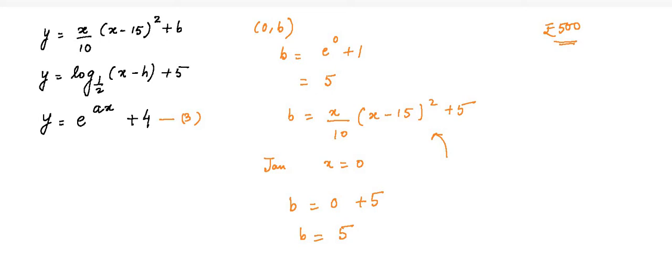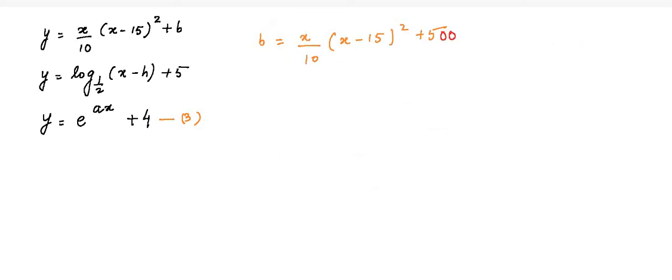So let's see this part of the question. We have to calculate that particular value of X at which we will be getting the stock price of January. So basically we have to find the value of X when the value of Y is equal to 500.